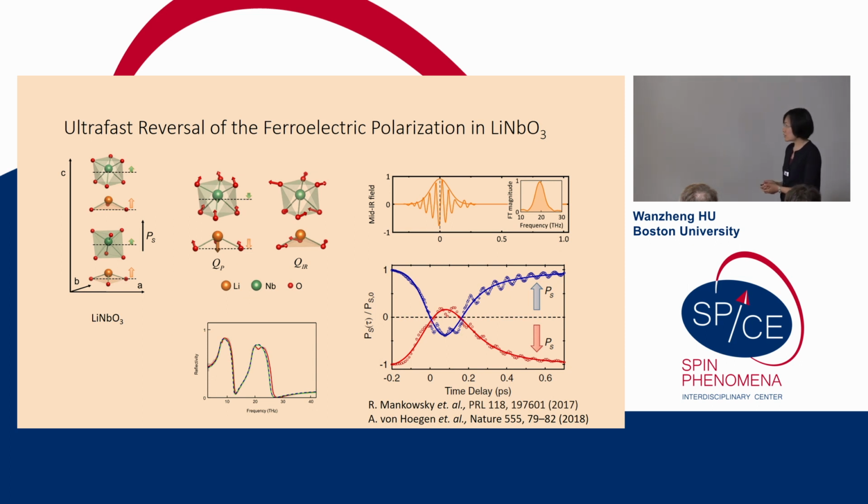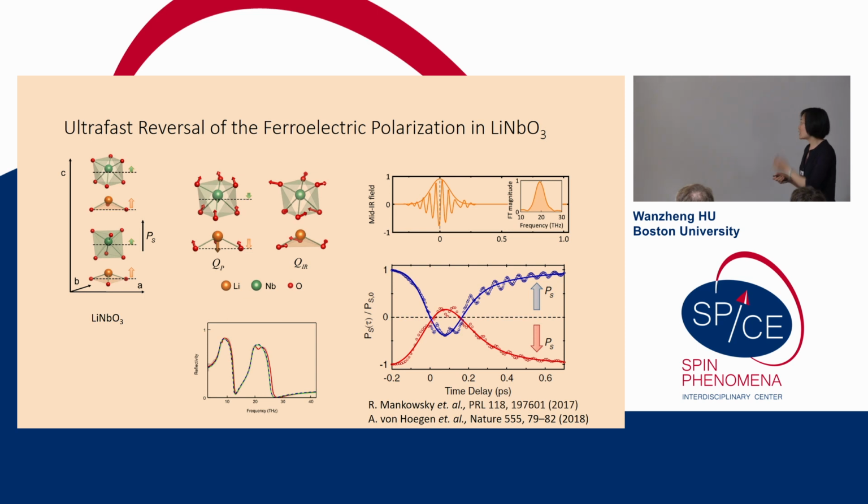Here is the optical reflectivity, where you see two phonons. This high energy phonon around 20 terahertz corresponds to the phonon that Alaska predicted. When you drive this phonon, it will couple to the low energy ferroelectric mode to achieve ferroelectric switching.